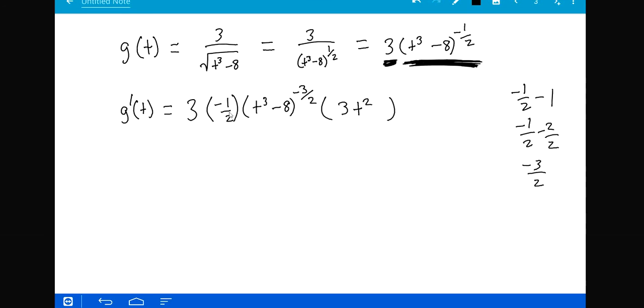Exponent out front, so there's a negative 1/2. Rewrite the parentheses, there's a t cubed minus 8. Subtract 1 from the exponent, there's a negative 3/2, times the derivative of what was in parentheses. So derivative of t cubed minus 8 was 3t squared.